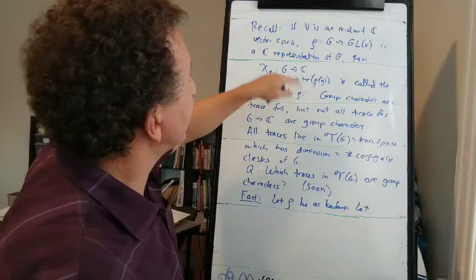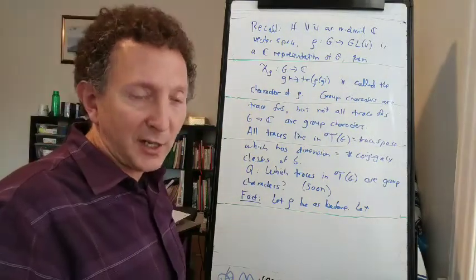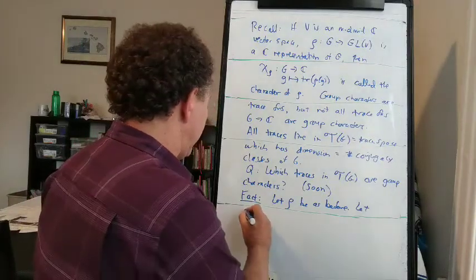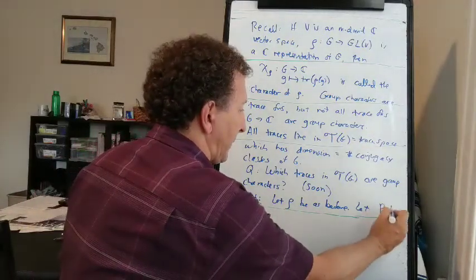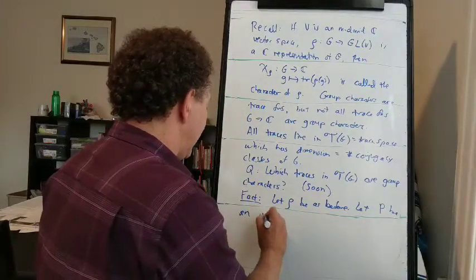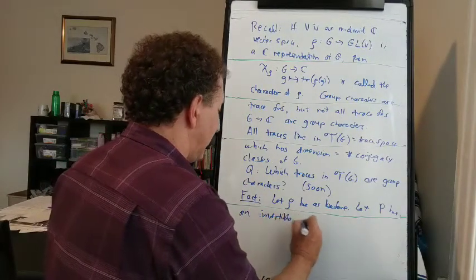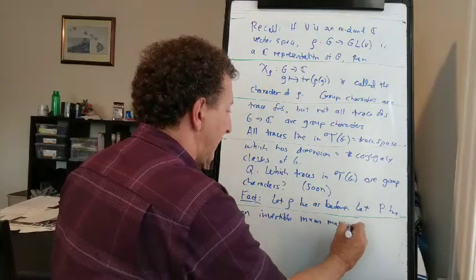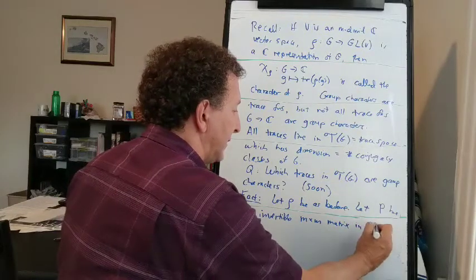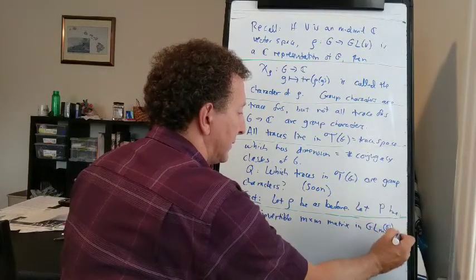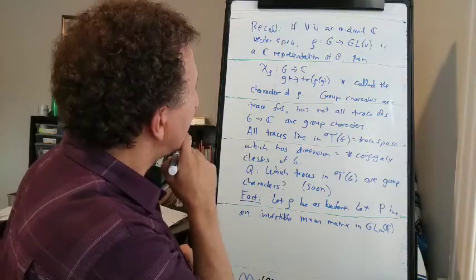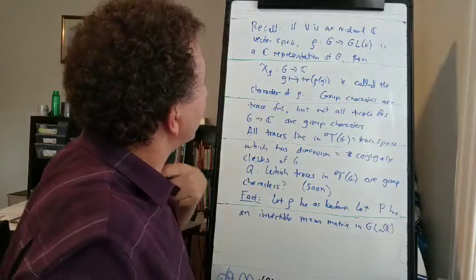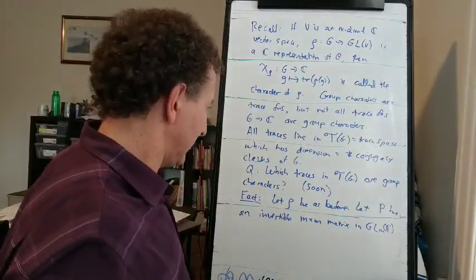Actually, I'm not using coordinates here, so I really want rho to be a matrix representation.